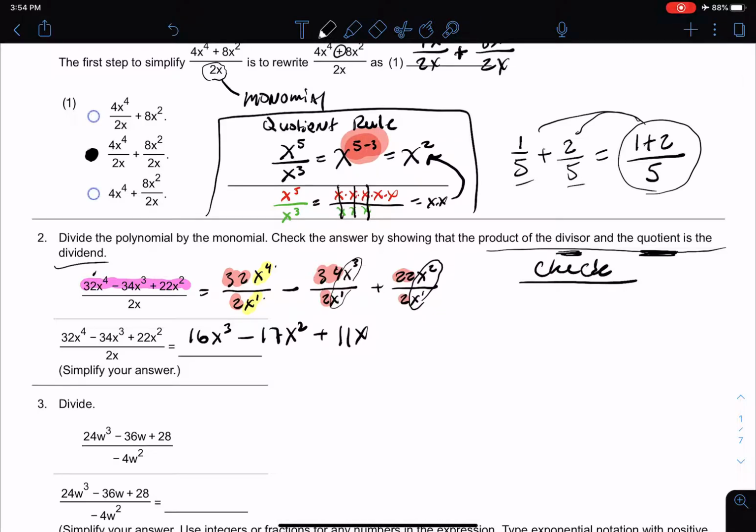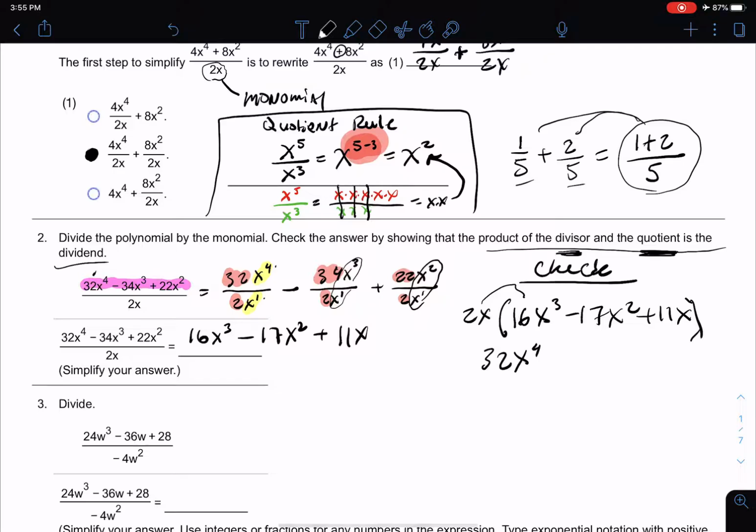you would just multiply 2x, the divisor, times the quotient, which is the answer to this division problem, 16x cubed minus 17x squared plus 11x. And that's just the distributive property. So 2 times 16 is 32. x times x cubed is x to the fourth. And then 2 times 17 gives us 34.